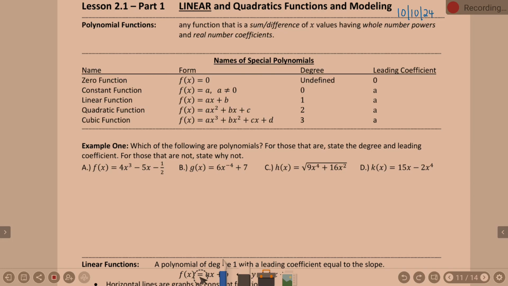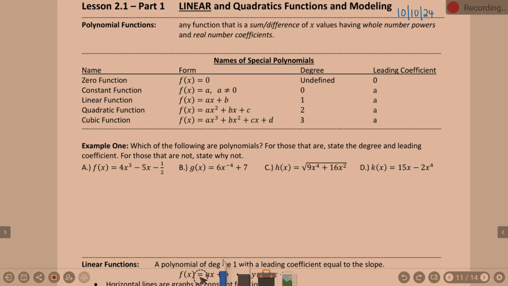The one before this, a constant function. Okay, if you just have y equals a number other than 0, realize, first of all, there's no x. It's like x to the 0, so it's degree 0, leading coefficient is still a. Those are your horizontal lines. Okay, they have a slightly separate classification than linear.